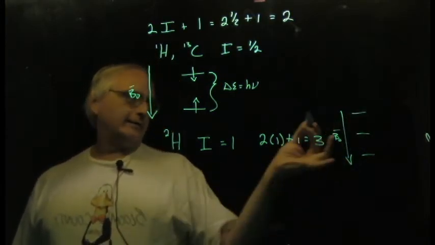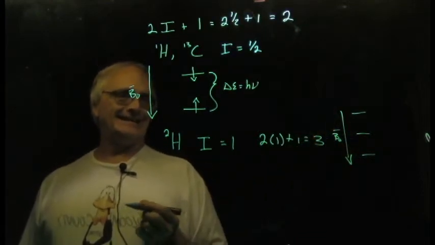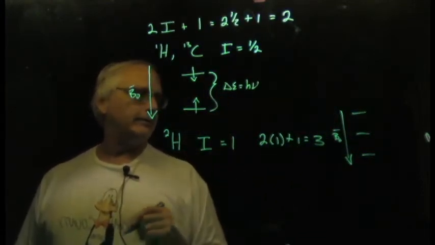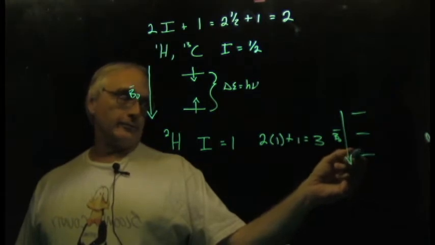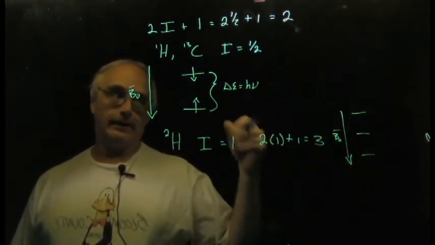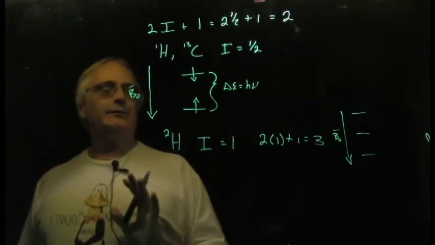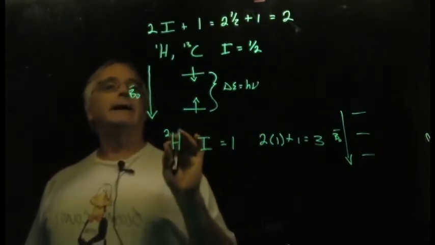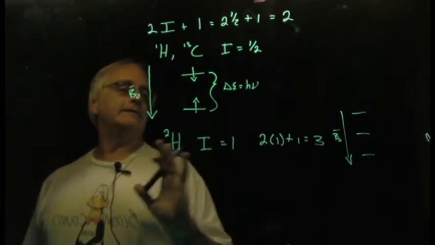It's a little bit harder to depict these than it is for a spin 1/2 nucleus. Is it north pole, south pole, north pole, and what's the third one? Up, down, sideways?